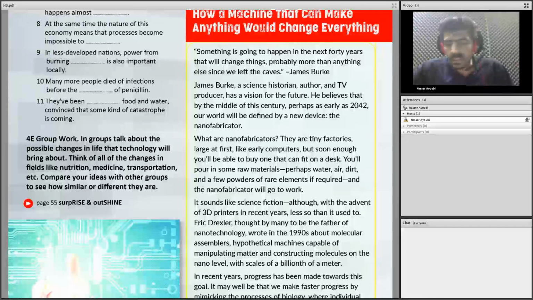Matter means substance. Use and control a substance and construct molecules, making molecules on the nano level, which is so tiny. What is the size of it? With the scales of a billionth of a meter. The size of them will be a billionth of a meter.